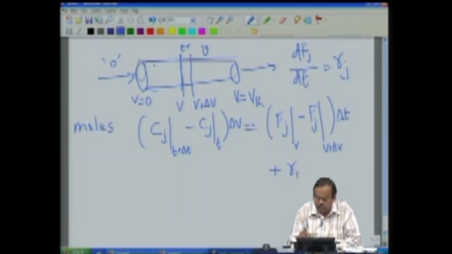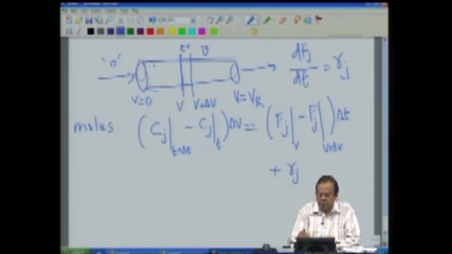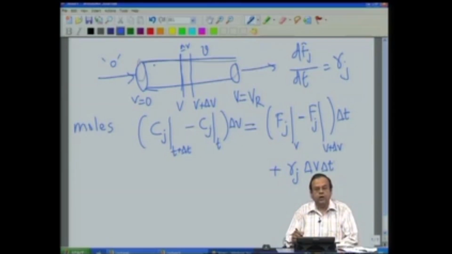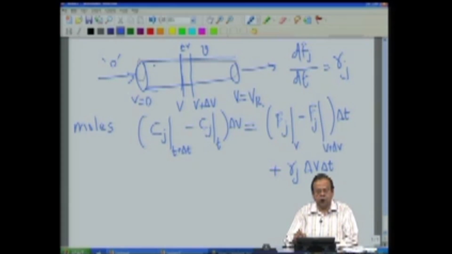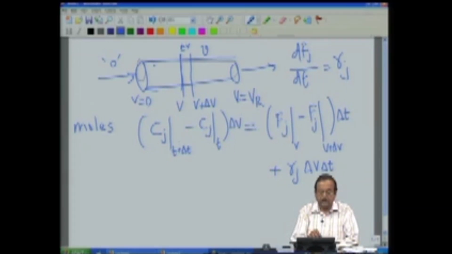let us say the rate of generation of species is Rj. So, Rj into delta V into delta t is how many moles of j have been generated in this interval. Once again we have a simple mass balance: accumulation, in, out plus generation.